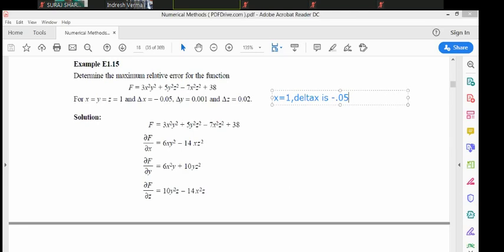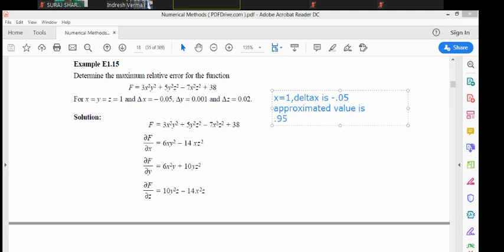Okay, it means we measured. Approximated value is what? Who will tell? Minus means 0.95.